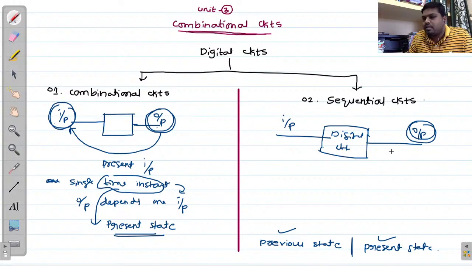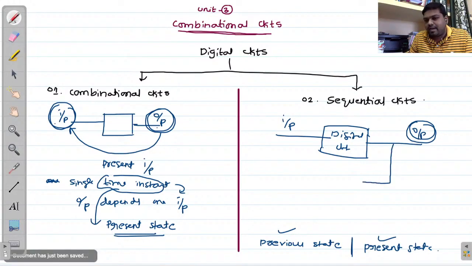Previous output means whatever output we had in the previous case is assigned as an input to the next state. For example, in the first initial case I am getting a certain output, whatever it is. That output I again have to consider as an input to this particular circuit.